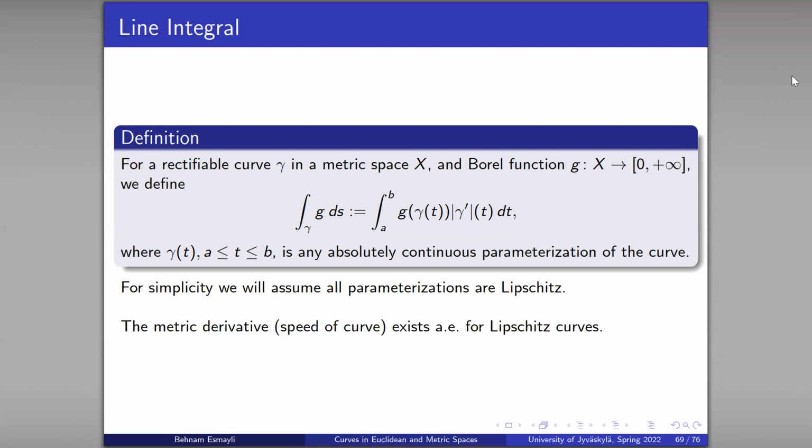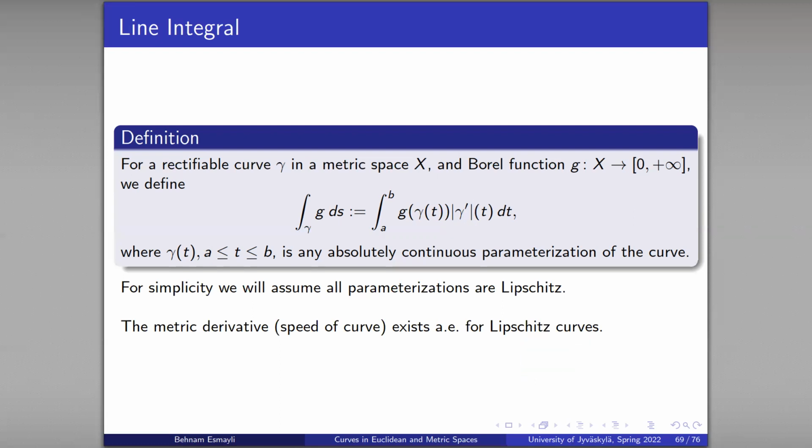And the important notion here is that of the speed of the curve. For Euclidean target space, if X is Rn, this is just, you take gamma prime of t as a vector, which exists almost everywhere by Rademacher's theorem, and then you take its norm.